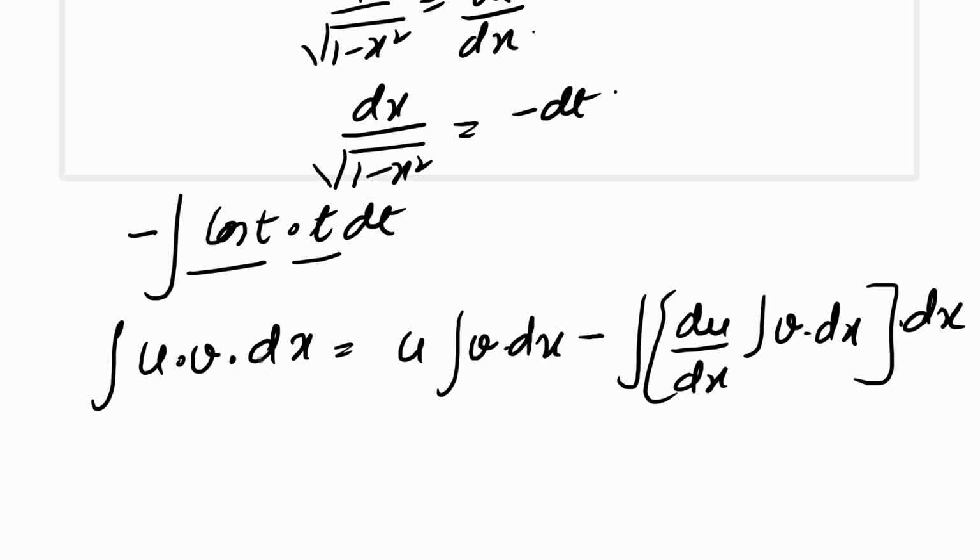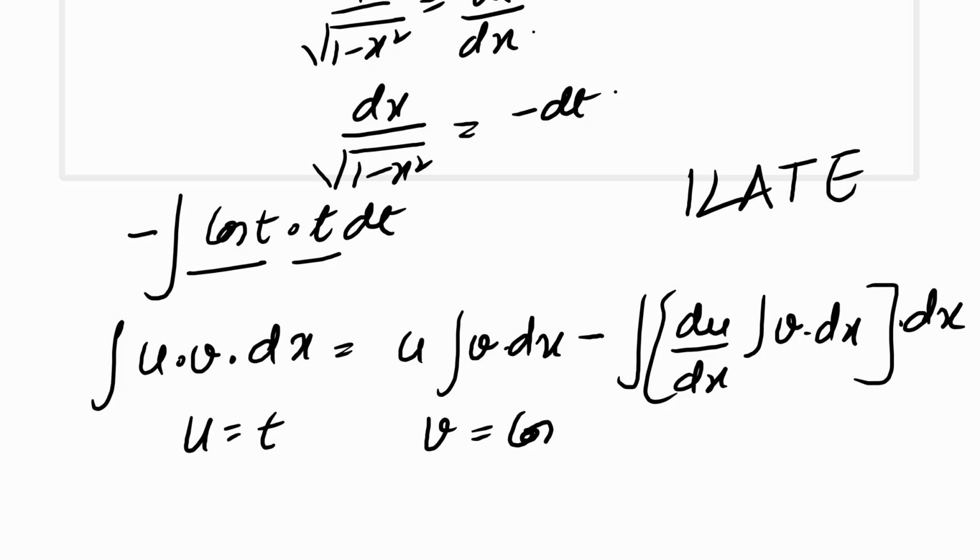So here we'll use ILATE to see which is the u function and which is the v function. Algebraic comes first. So we'll take u is equal to t and v is equal to cos t.